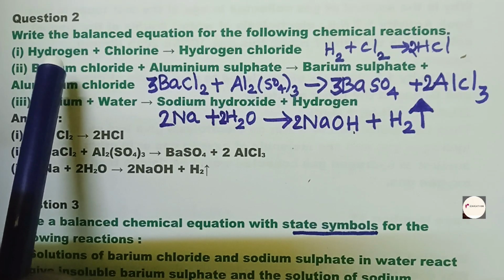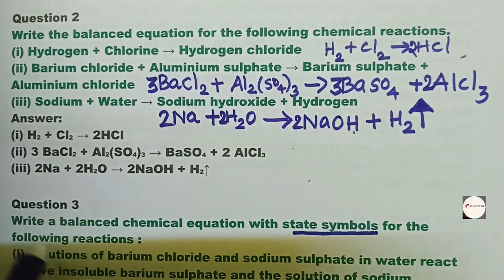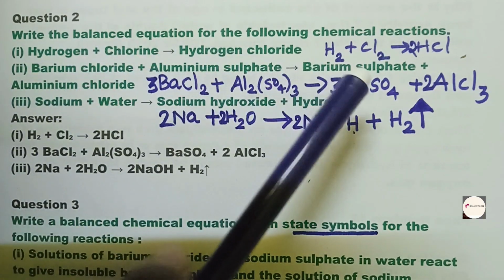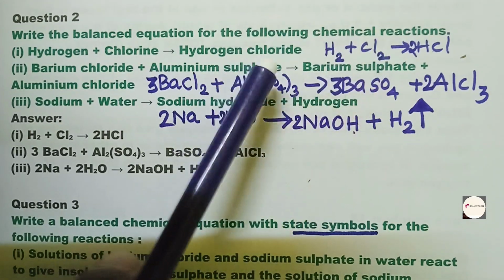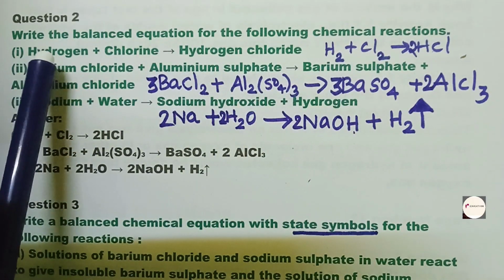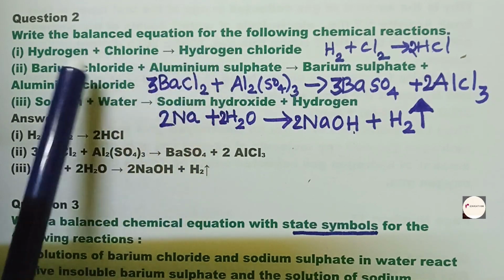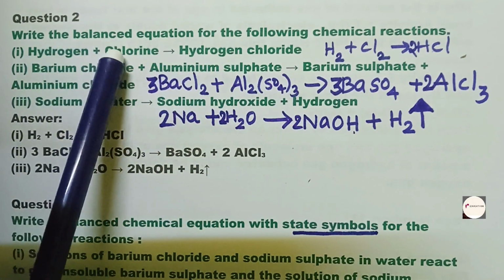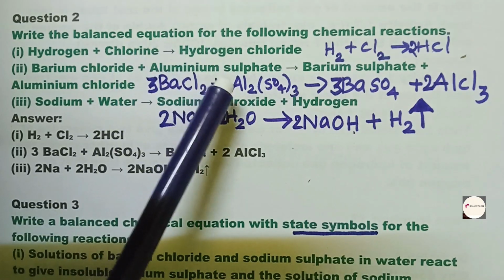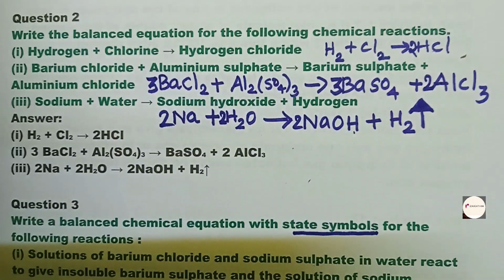So in the last video also I told, before writing the chemical equation, you should know all the symbols of the elements which are given in the equation. So here hydrogen plus chlorine reacts to give hydrogen chloride. So how to do the balancing?